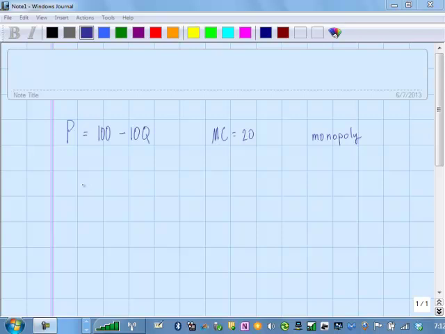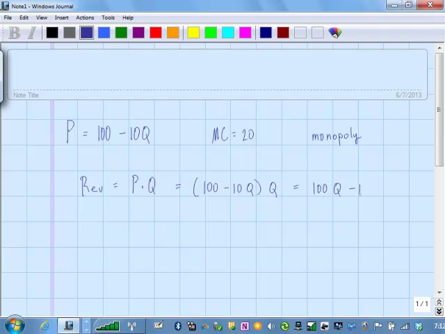So we know revenue will equal P times Q. So that's the same as 100 minus 10Q times Q, or 100Q minus 10Q squared. Marginal revenue is going to equal dQ of revenue.